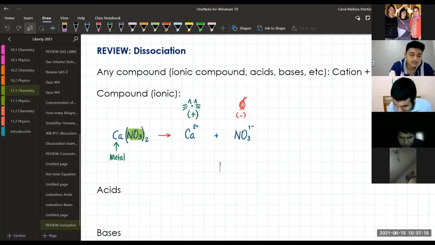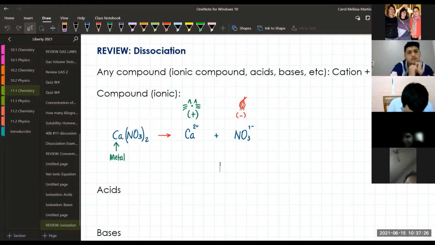So what you do is you need to balance the nitrate, because nitrate is twice in the reactant, so the same is going to be also twice in the product. And this is how you balance the dissociation process.